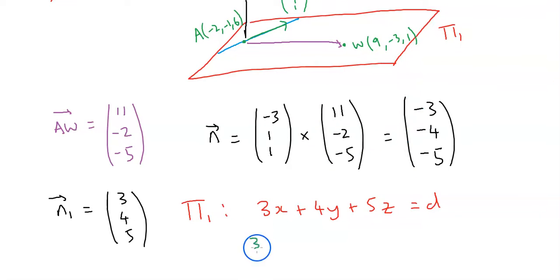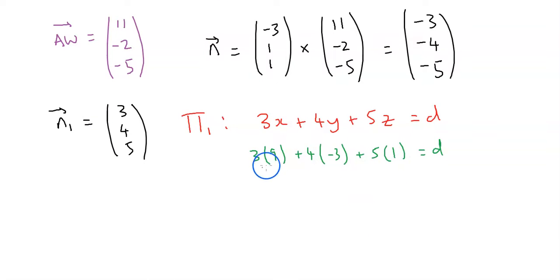So we have 3 times 9 plus 4 times -3 plus 5 times 1 is equal to d. And, well, that is equal to 20. So the equation of pi 1 is 3x plus 4y plus 5z equals 20.